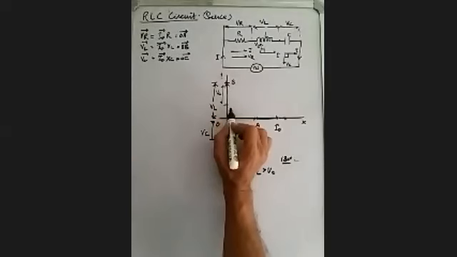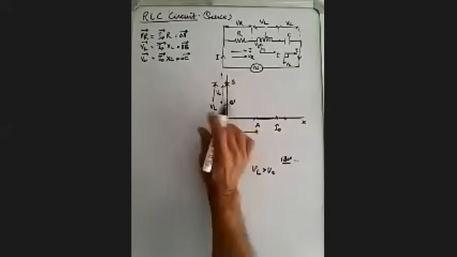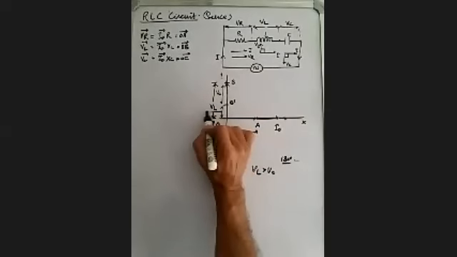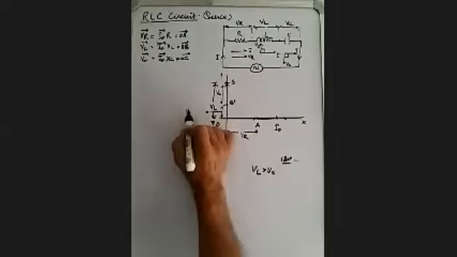So this portion, let us say BB', is equal to VL minus VC. So the resultant is the OB' vector, which is VL minus VC, and the OA vector. The resultant of the two we can get using the parallelogram law, drawing the diagonal from point O.